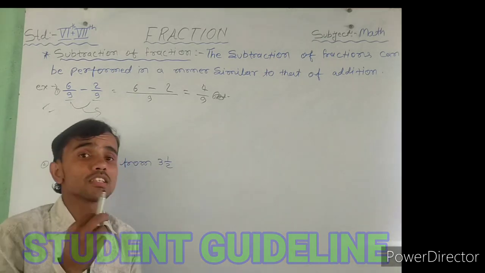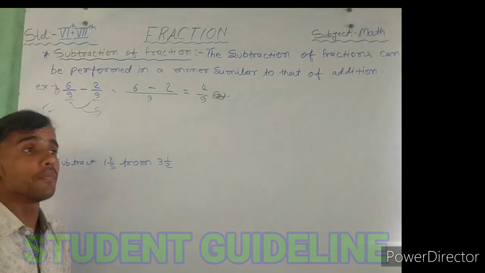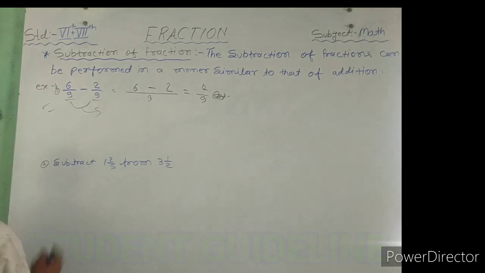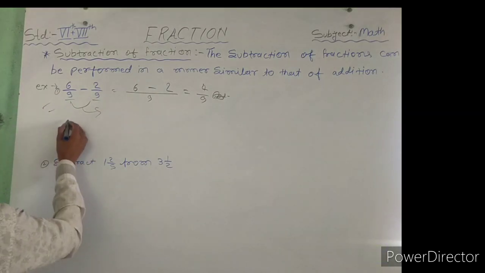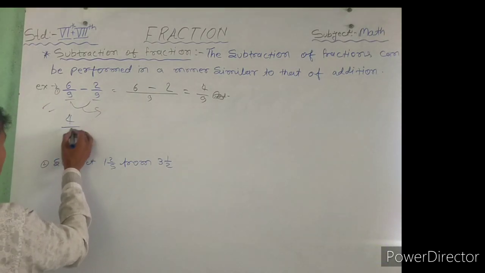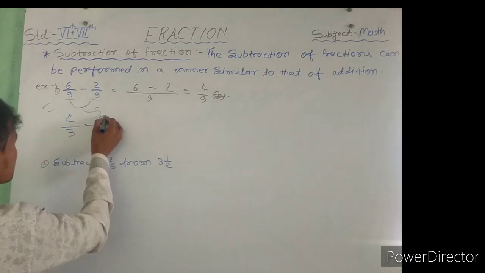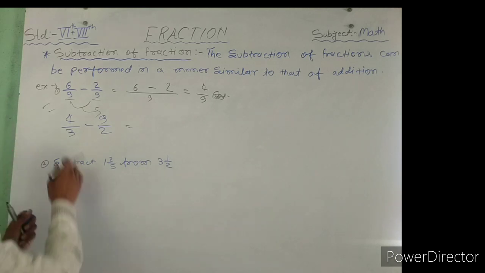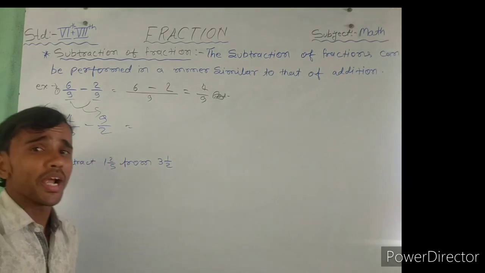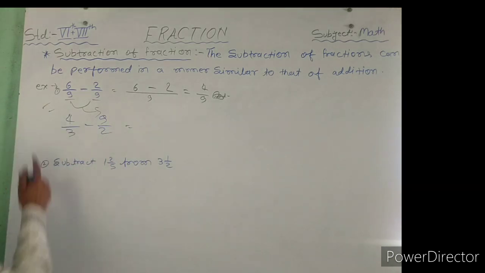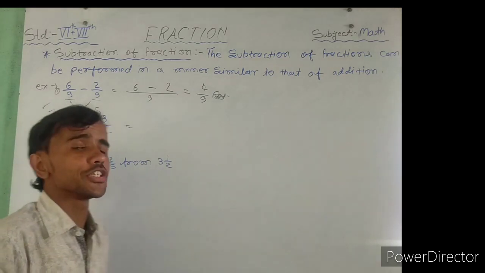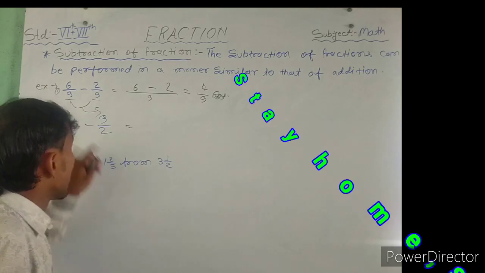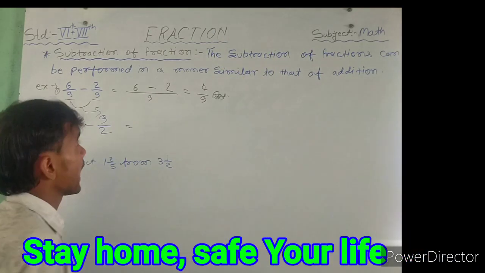So my dear students, another example for you, if your question is in unlike fractions. How do you crack it? Just like here, 4 by 3 minus 9 by 2. How to solve it? My dear students, in addition of fraction I also taught you, if fractions come in unlike fractions, firstly you take the LCM.